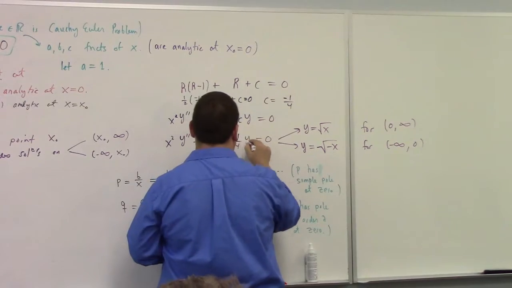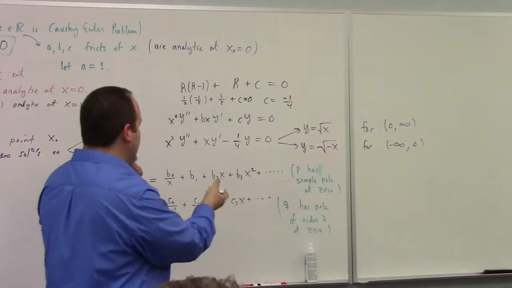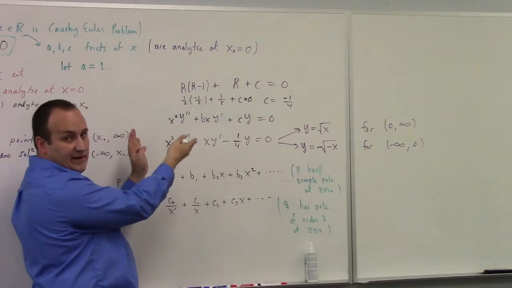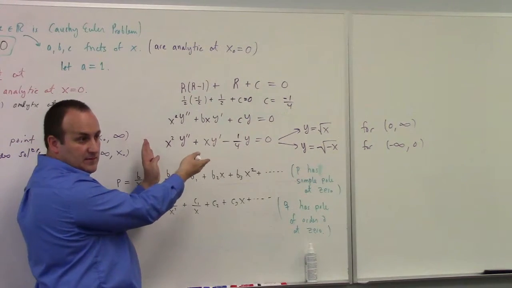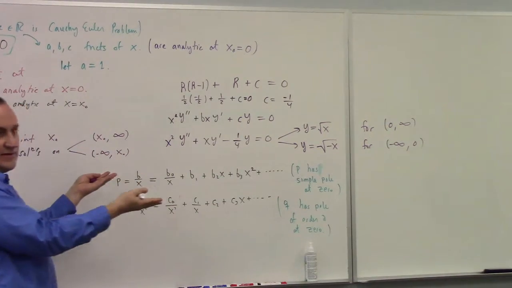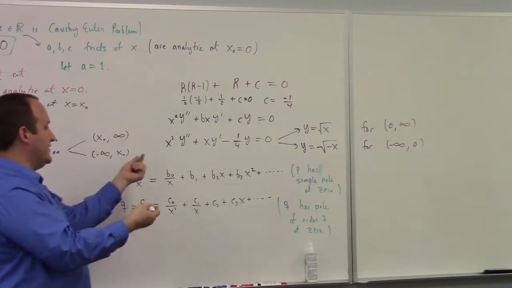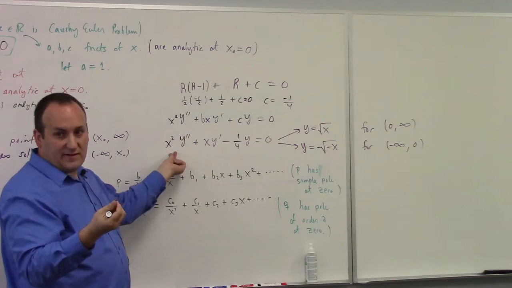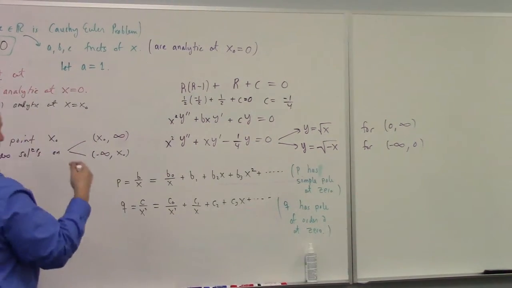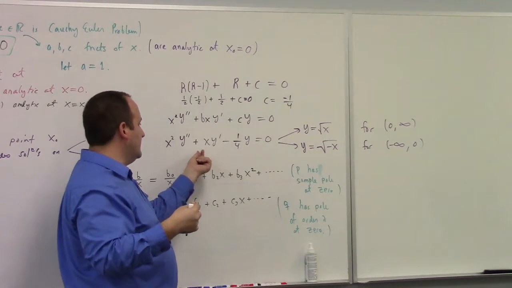Okay, fixed. My point is, this differential equation has a regular singular point at 0. The Cauchy-Euler problem is the quintessential regular singular point. Excuse me, take that back.